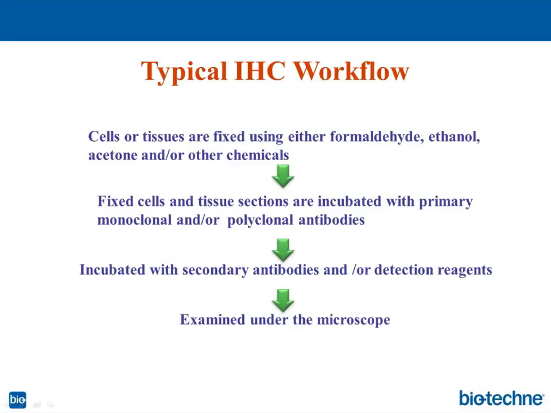After incubation with primary antibodies, we incubate tissue samples or cells with the secondary antibodies conjugated to fluorescent dyes. And after that is done, we examine tissues under the microscope. So that's a conventional workflow of a typical IHC experiment.